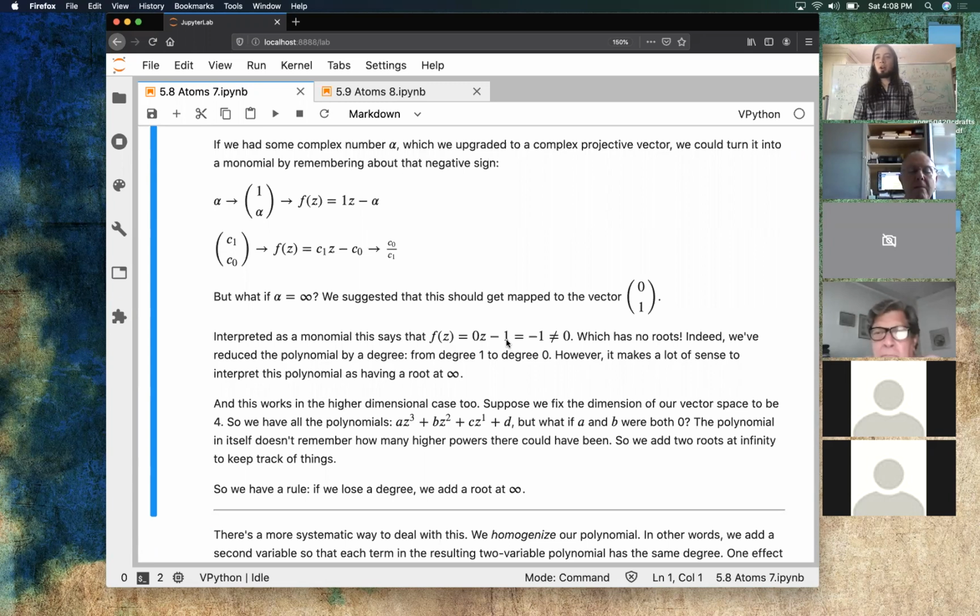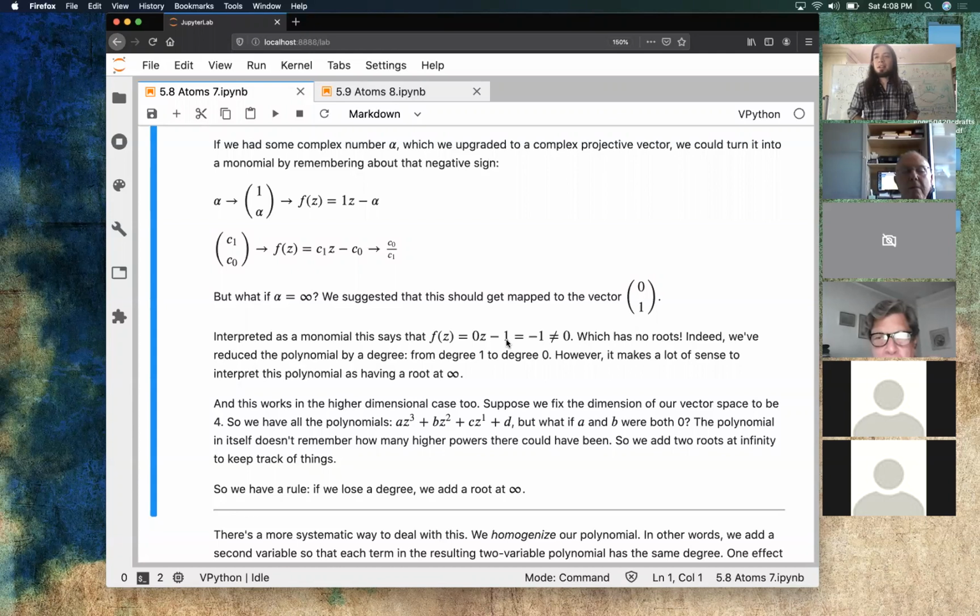And this will work for degree n polynomials. Whenever we lose a degree, we're going to add a root at infinity. A polynomial in itself could have, like the Taylor expansion of sine or something like that, an infinite number of terms.